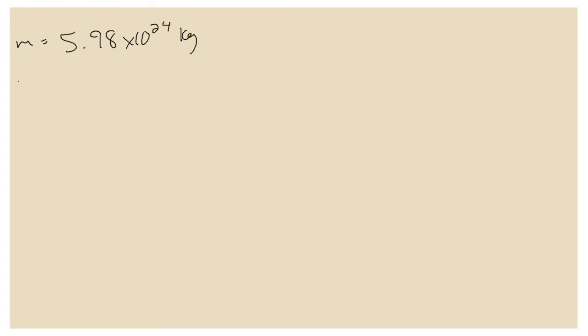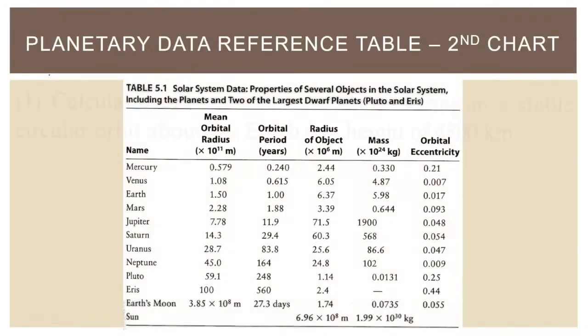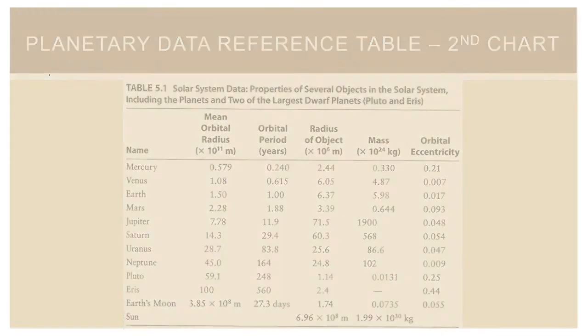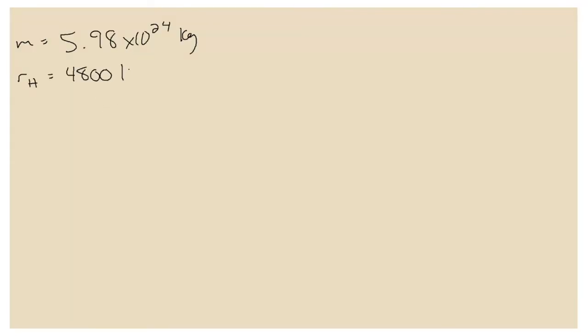We also know the height of the orbit is that number they told us in the problem, 4,800 kilometers. Now, you're going to have a big problem if you start mixing up your units. And obviously, we have to keep all our units straight in terms of having them all be in meters, just to make the units in the actual equation work out. And so we want to make sure that we write this.